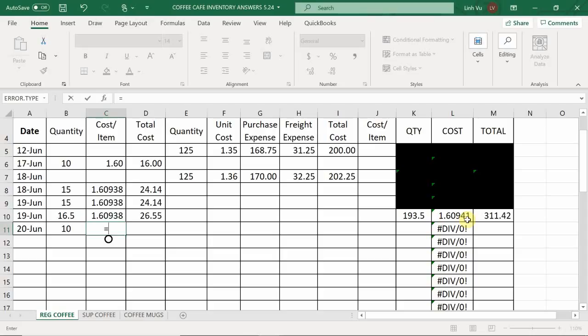You were in the right general area, but I don't know what you were calculating. Where do I find my average cost per item? It's not 3.8. I'm looking at the amount that you have right here of the 1.60938.